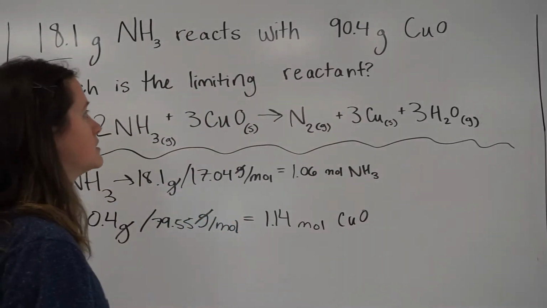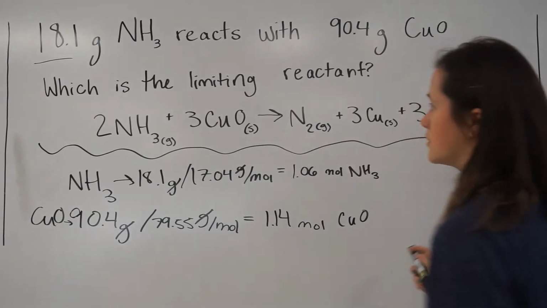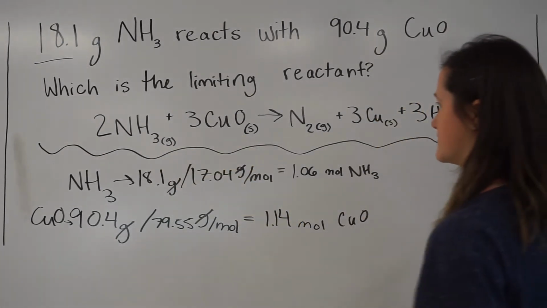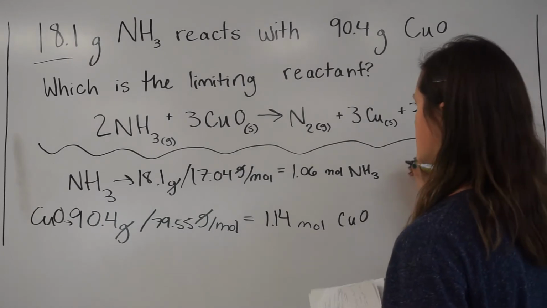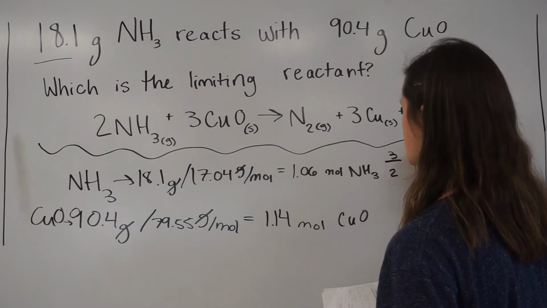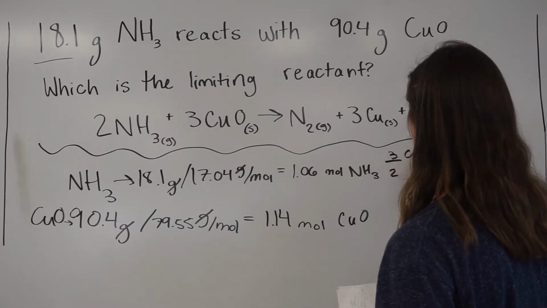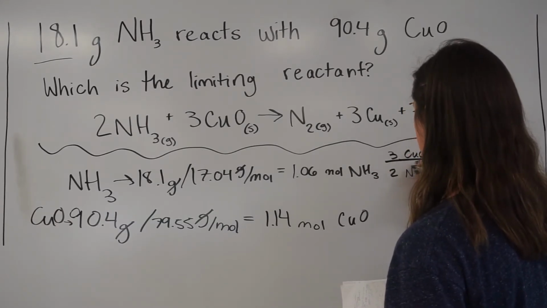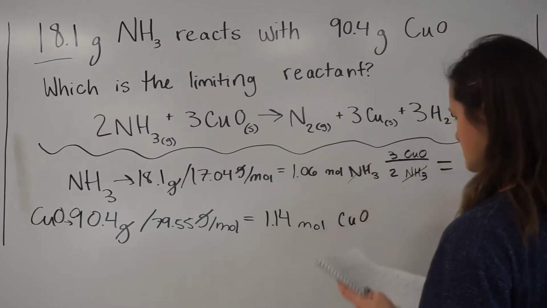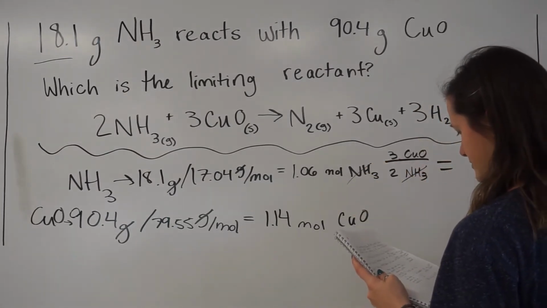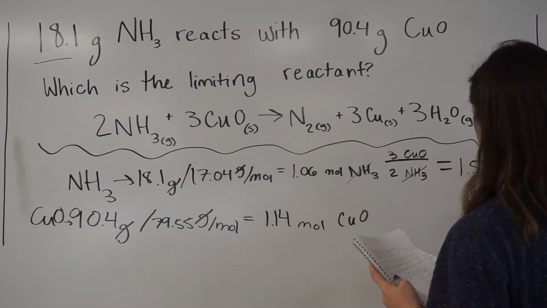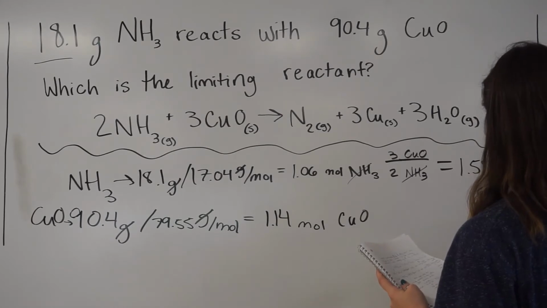And then you're going to use the molar ratio between NH3 and copper oxide to find which one is going to be the limiting reactant. So you're going to do 3/2 for copper oxide over NH3, and then the NH3s are going to cancel, and you're going to be left with 1.59 moles of copper oxide needed.